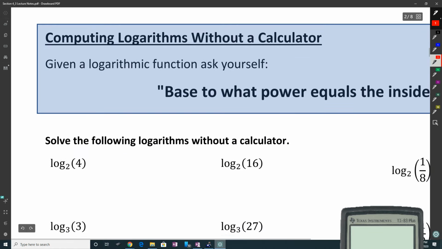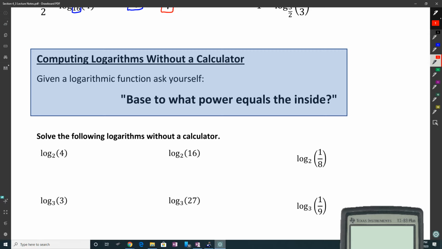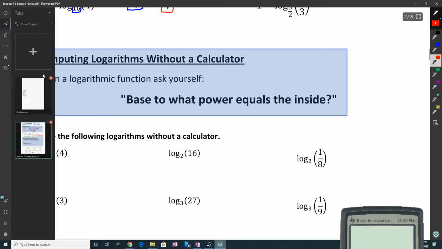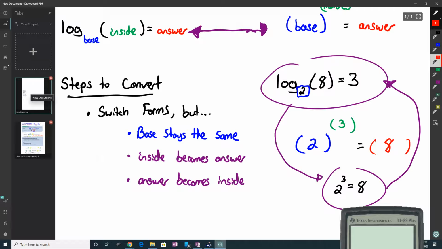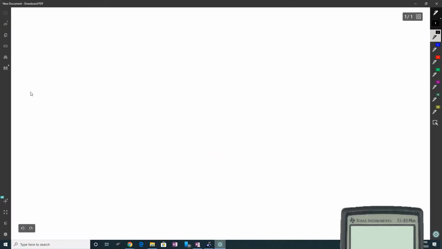Okay, computing logs without a calculator. So if I go back to this blank sheet of paper, and if we're converting, I use green for the inside.